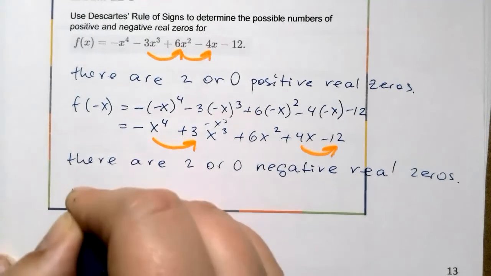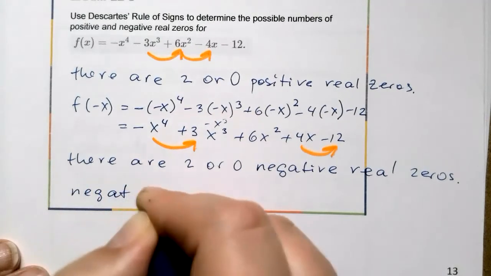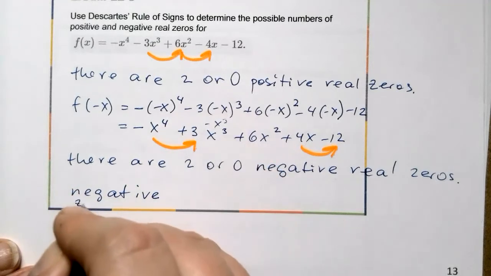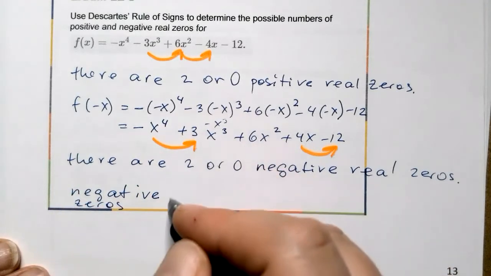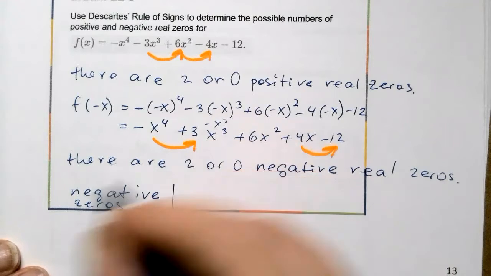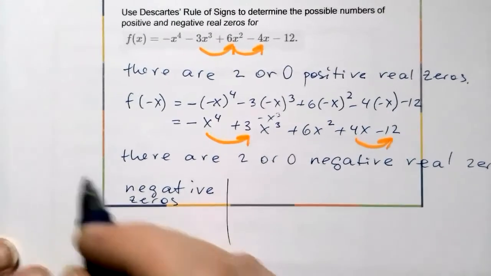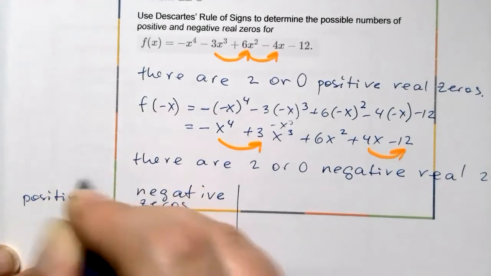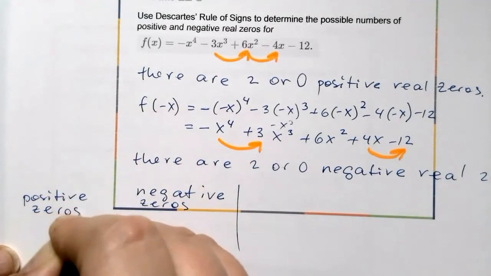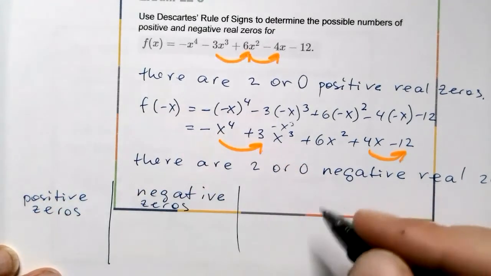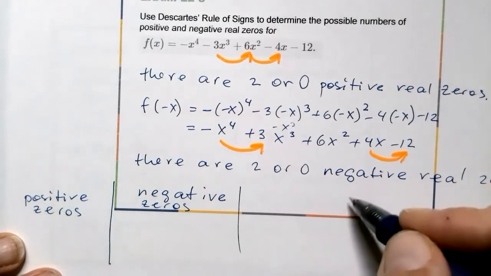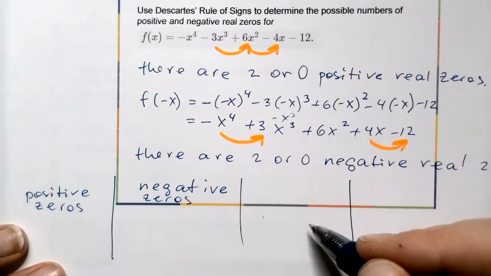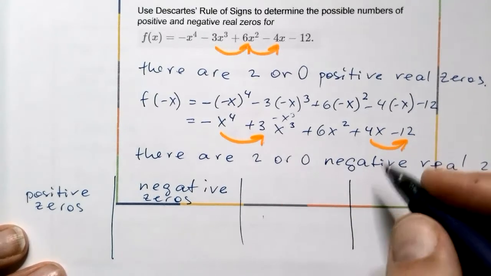We're going to create a table with negative zeros and positive zeros, and I'm going to leave an empty column for other types of zeros.